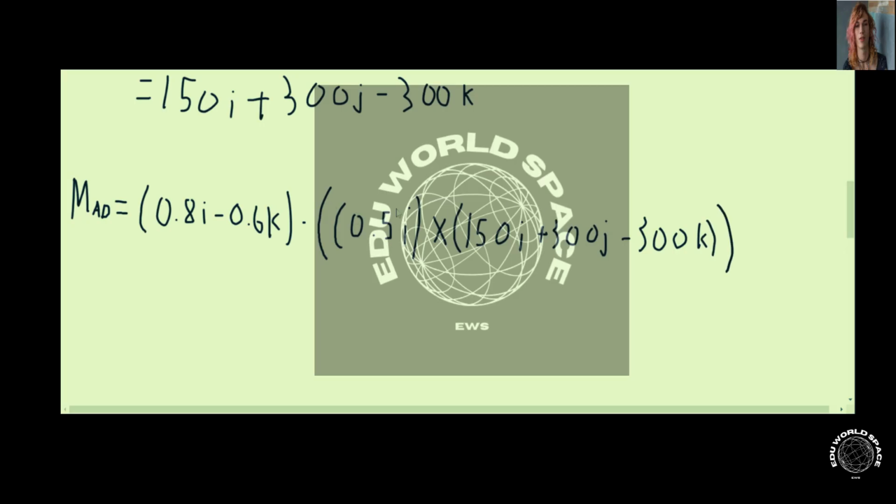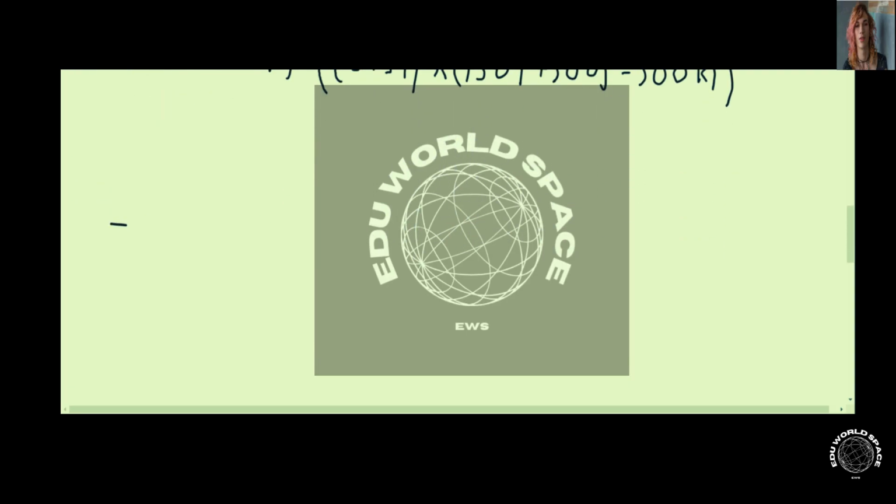And we can write out this expression as a matrix. So this is equal to the determinant of this vector in the top row, the unit vector, the AB vector in the middle row, and the tension vector in the bottom row.